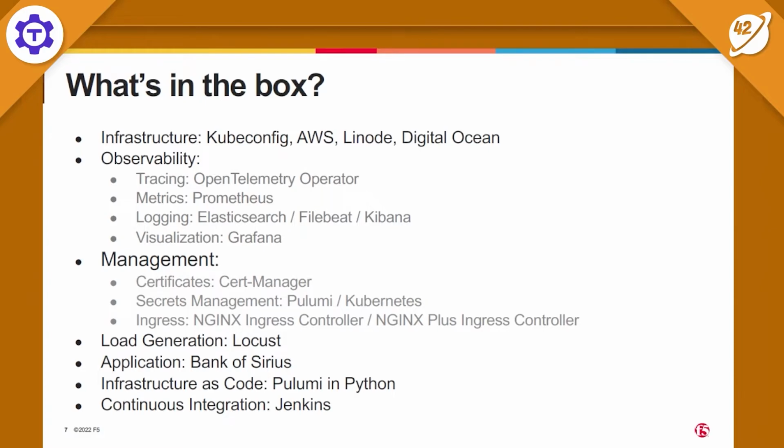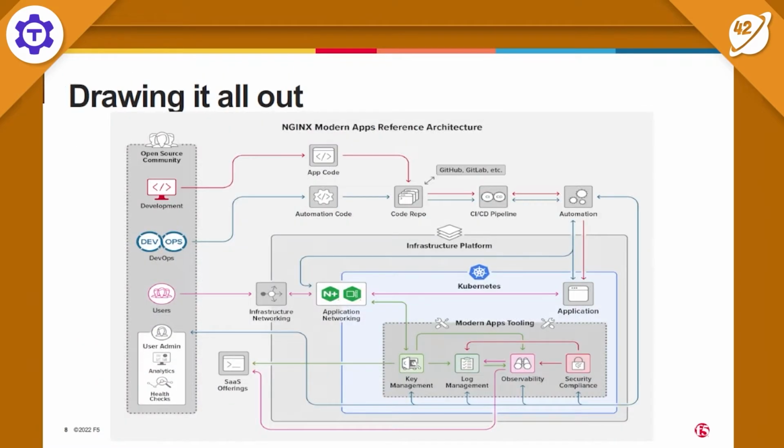Maybe not completely complete or as complex as yours, but this is what a reference architecture is designed to do. In our case, we wanted the reference architecture to be more than just a reference drawing. We wanted this to actually work and be able to test what this meant. And so quickly drawing it out, you can see the various pieces inside of here. Kubernetes driving our node pod arrangements here. We're using application networking pieces.